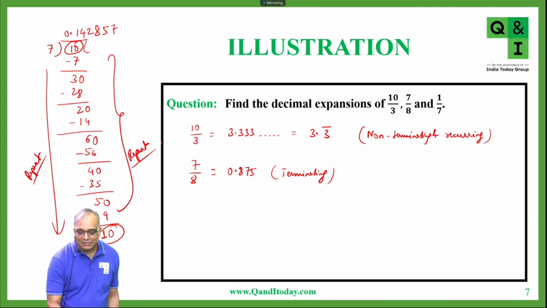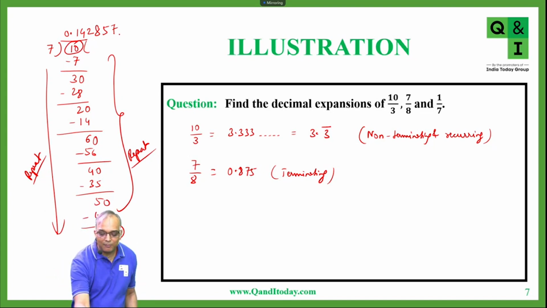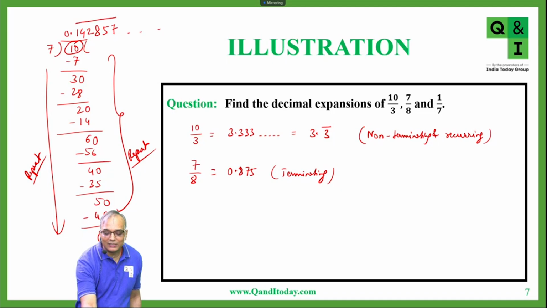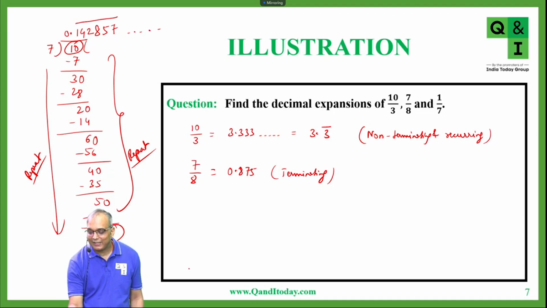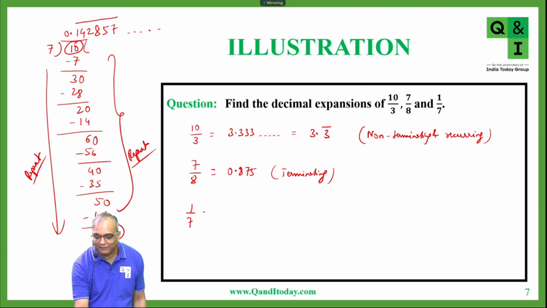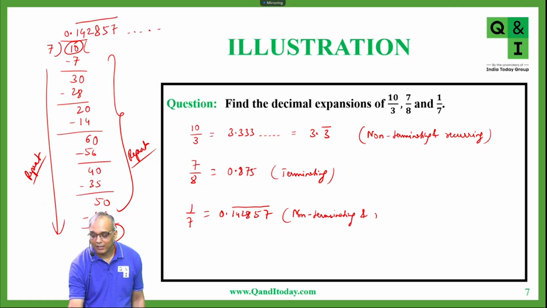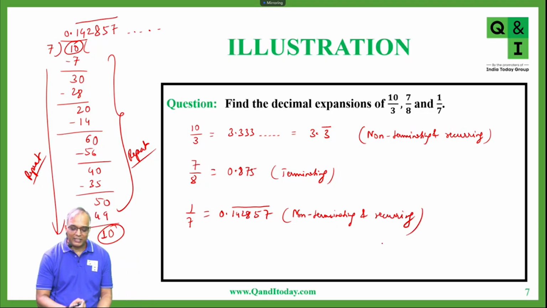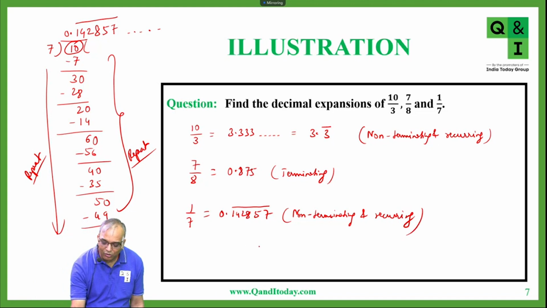So this is what is repeating basically. So this is non-terminating and recurring again. So 1 by 7 is 0.142857. These digits are repeating. So this is non-terminating and recurring. One more important thing which you need to note here is the repetition of the remainder.